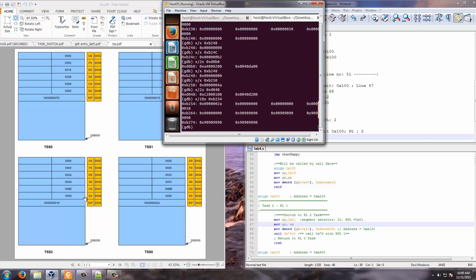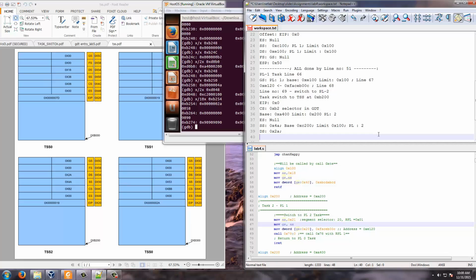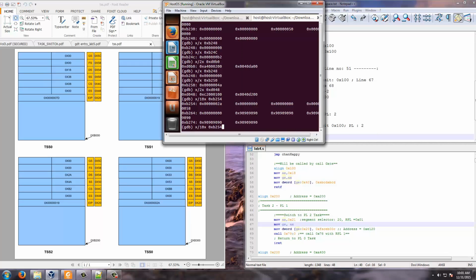There you see that DS is pointing to 2A and your FS and GS are null. Your DS is pointing to 2A. And your GS and FS are actually null.